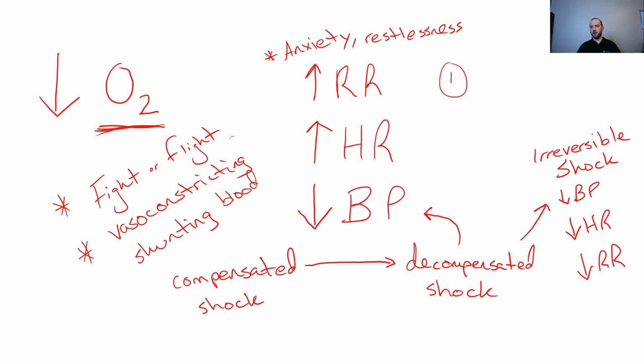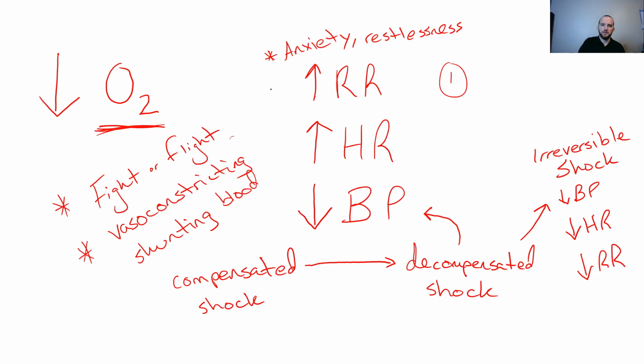Now everything's given up. We're not even trying to get more oxygen in. We're not even trying to pump faster, right? It's because everything is starting to die, right? Because of that poor perfusion, right? Everything is starting to fail, so things are just starting to shut down inside the body.